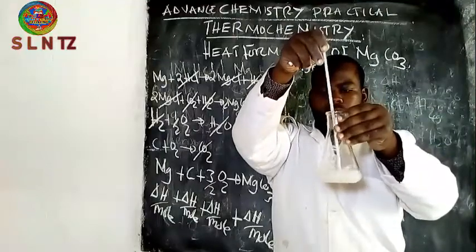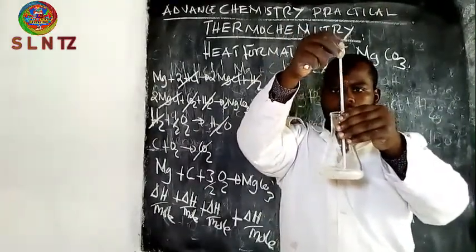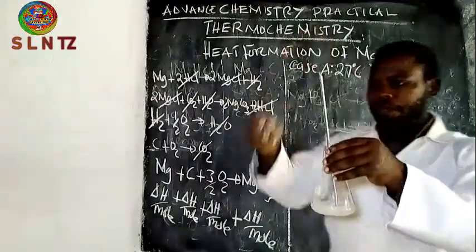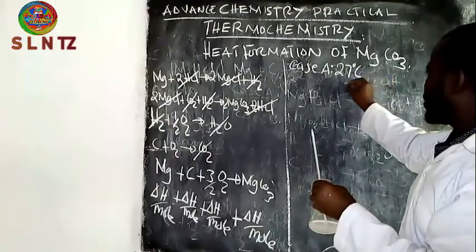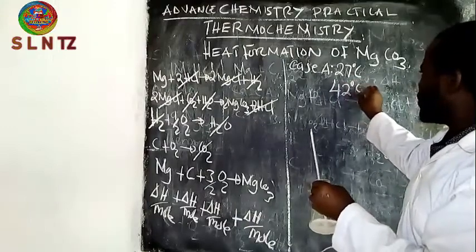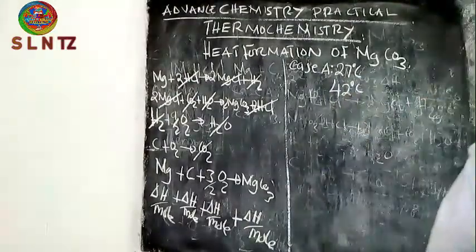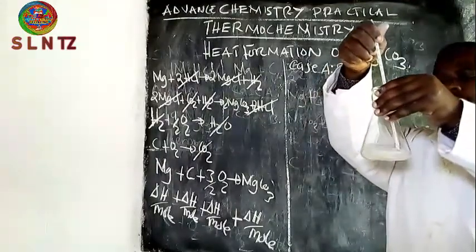No other metal is present. So let's record our temperature. It is now 42. The initial was 27, the final is 42. That is final. And you see there is hydrogen gas given out.